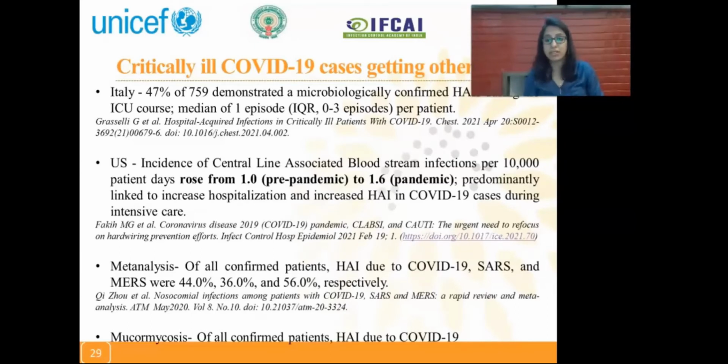So COVID brought in an increase in the number of cases by COVID itself, as well as the secondary infections that happened. You must have heard about mucormycosis, black fungus. That is also a kind of secondary hospital-acquired infection spreading in the hospitals. That is the second way the hospital-acquired infections have increased in the COVID pandemic.